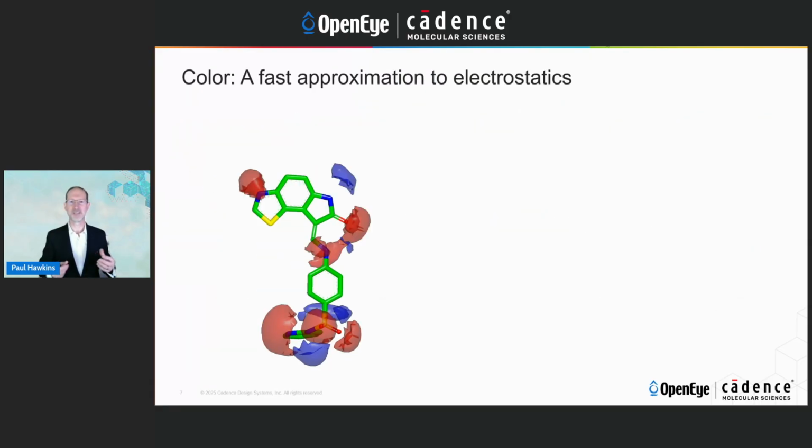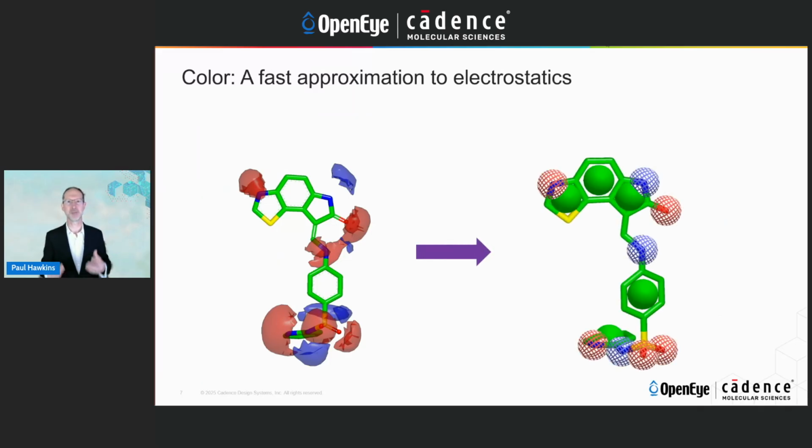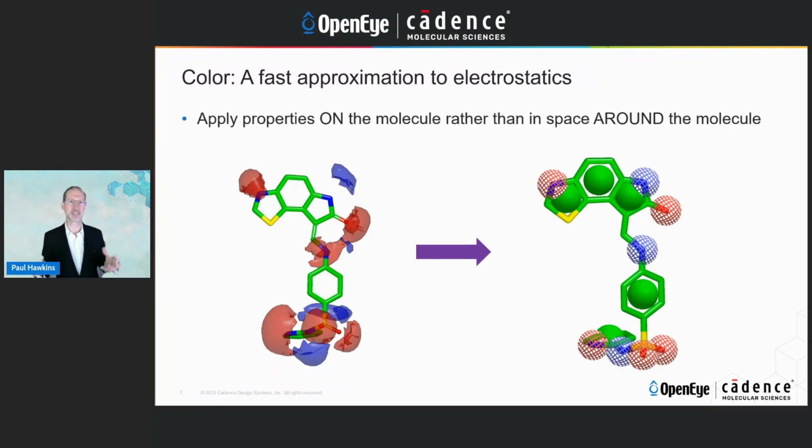So we've decided to abandon, for large-scale work, the physical rigor of electrostatics and replace it with a much more familiar atom-centered approach where we put chemical properties like donors, acceptors, rings, cations, anions, and so on onto atoms or small sets of atoms. So we go from representing electrostatic potential around a molecule to properties on the molecule.